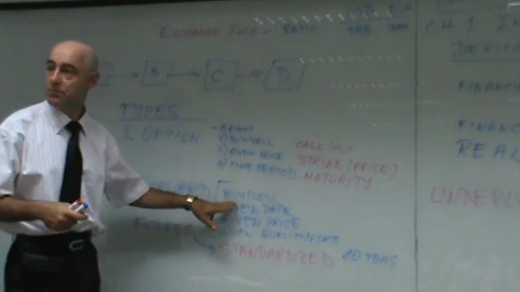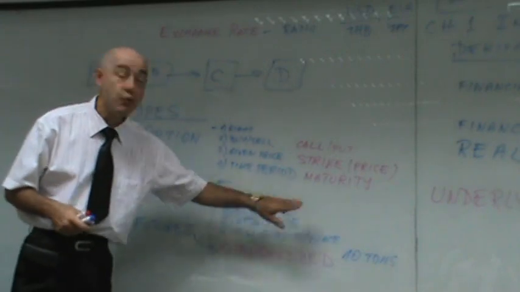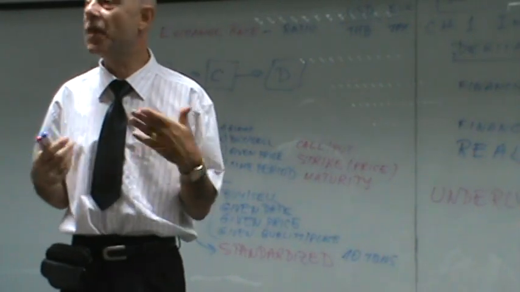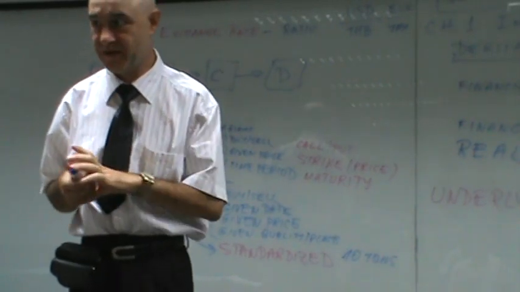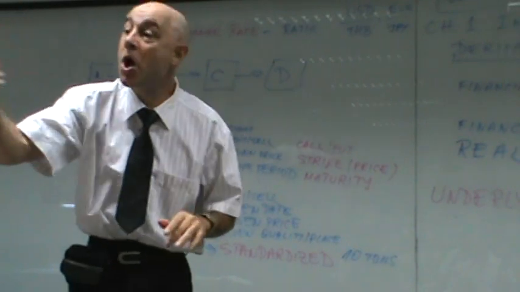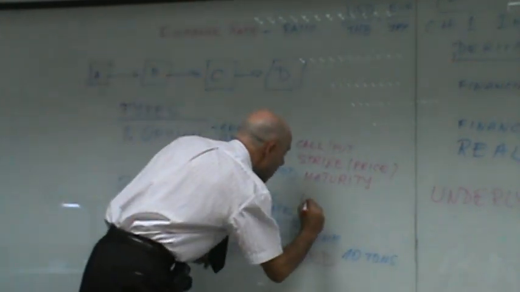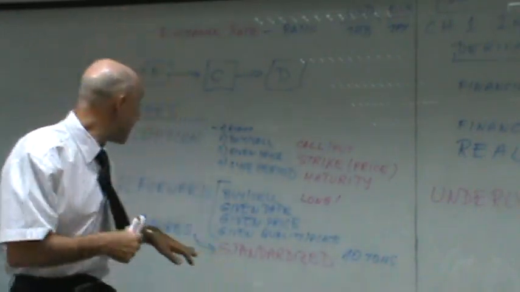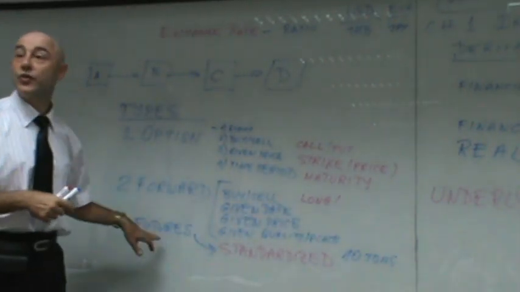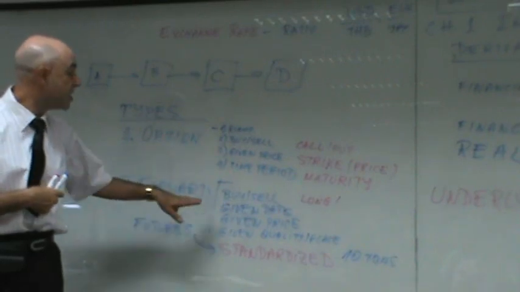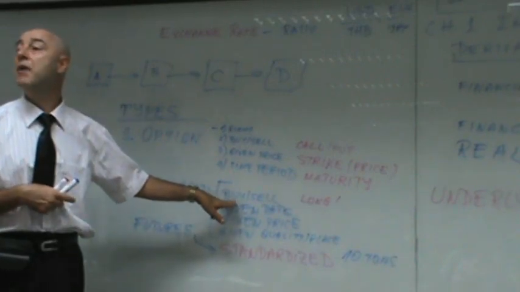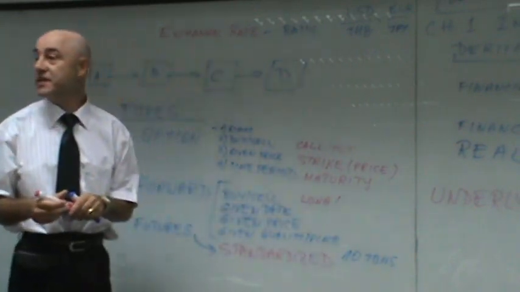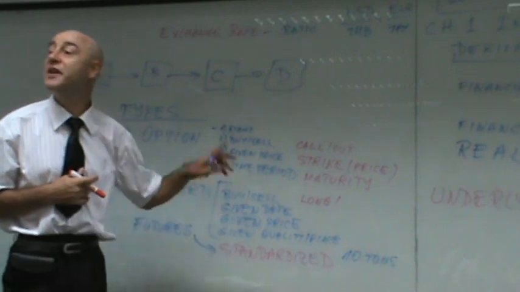Now, forward, the right to buy and the right to sell, how do we call them? If you have the right to buy, how do we call that? Long. It's called long. So, a long is a forward or futures contract giving you the obligation to buy. Sorry, the obligation, my mistake.